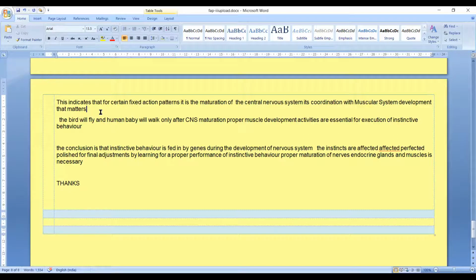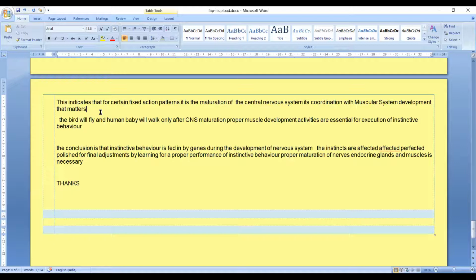Eventually, the bird will fly and the human baby will walk, but only after CNS maturation and proper muscle development; these activities are essential for execution of instinctive behavior. The conclusion is that instinctive behavior is fed in the genes during the development of the nervous system.